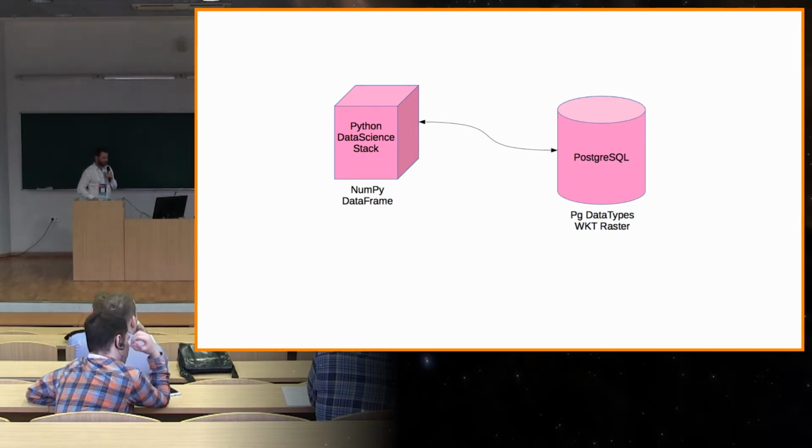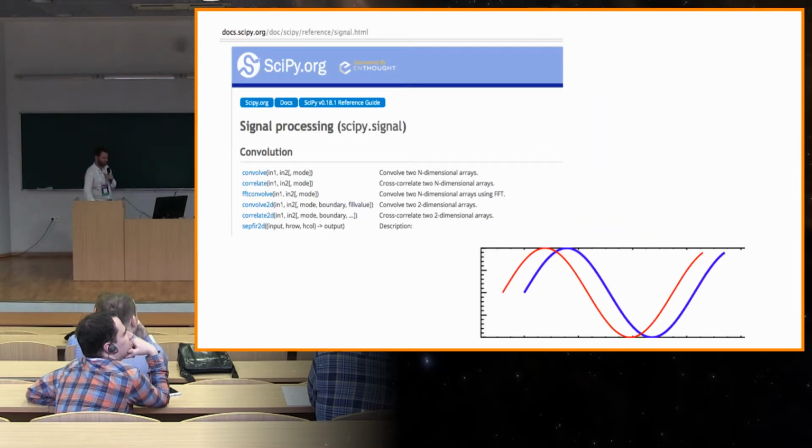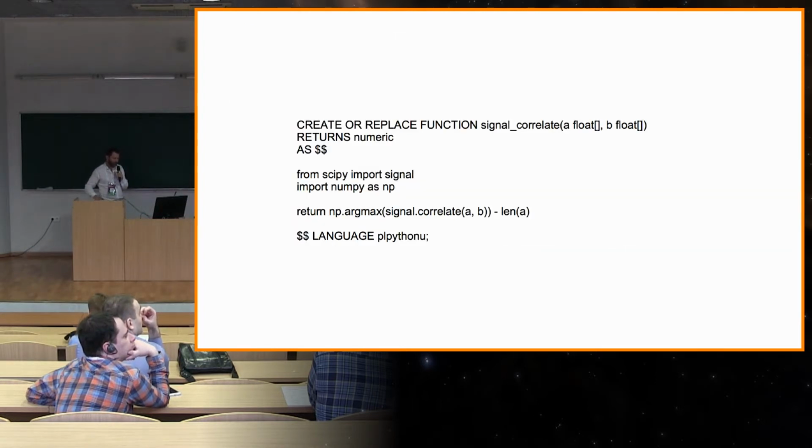So if we want to use some function provided by the data science stack, like for example one called scipy.signal, able to deal with the difference in phases between the two data sets, it's as easy as calling the Python code with an embedding in SQL.